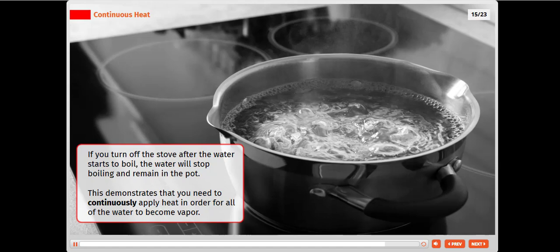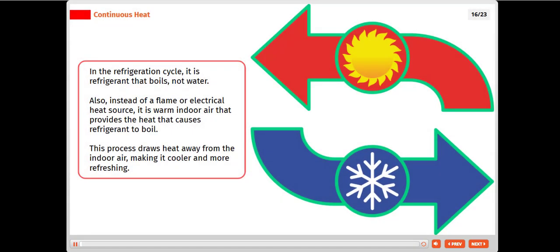In the refrigeration cycle, it is refrigerant that boils, not water. Also, instead of a flame or electrical heat source, it is warm indoor air that provides the heat that causes refrigerant to boil. This process draws heat away from the indoor air, making it cooler and more refreshing.